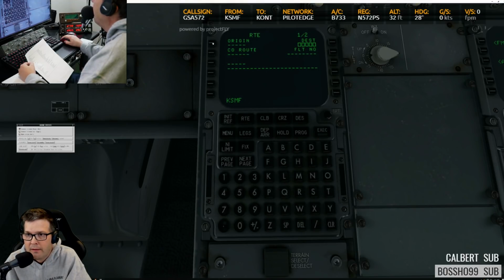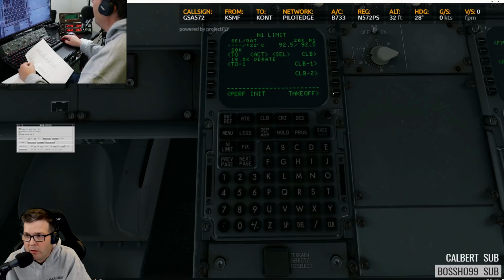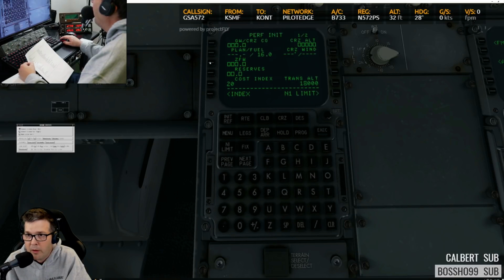Route KSMF. KONT. Route. N1. No D rate takeoff. Actually, we'll do perf here.